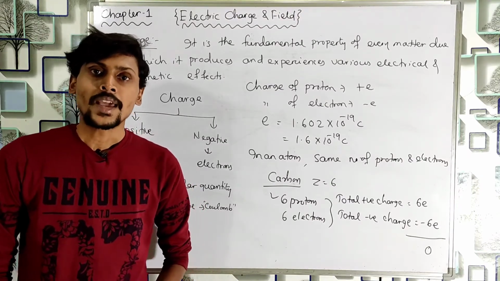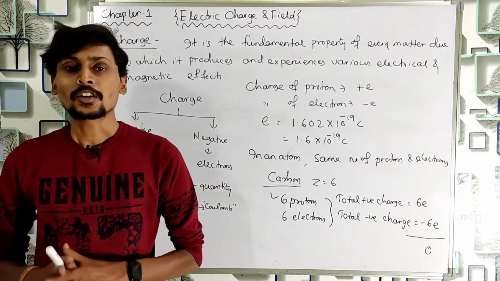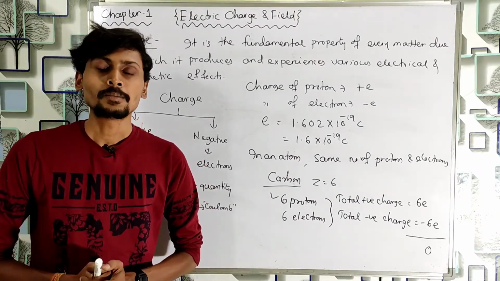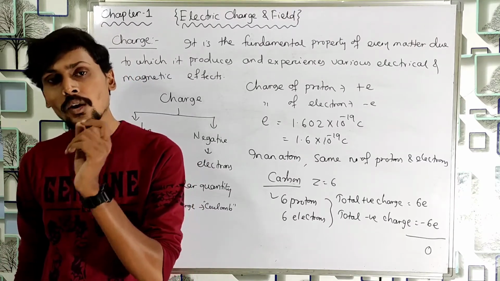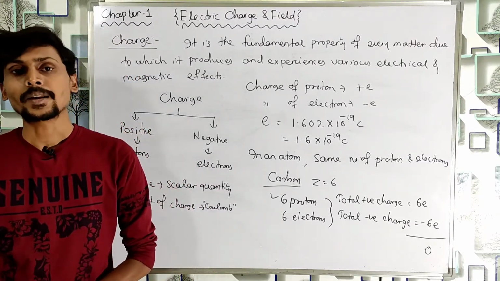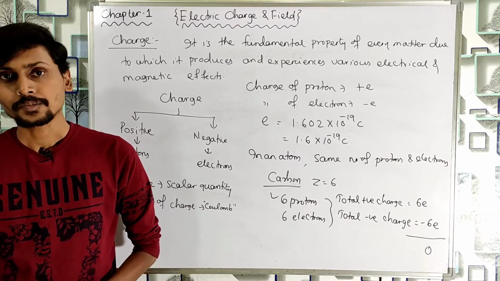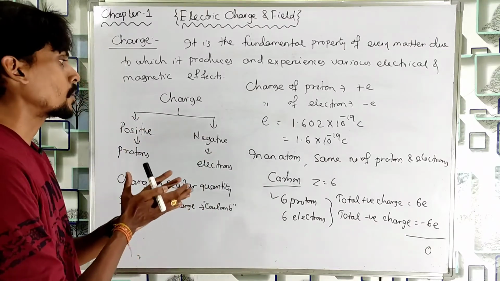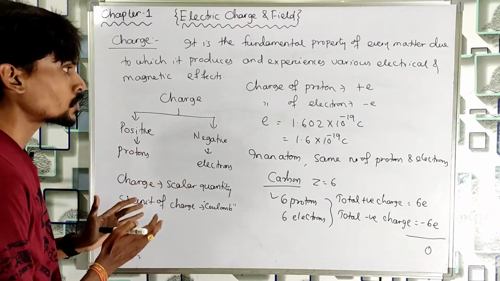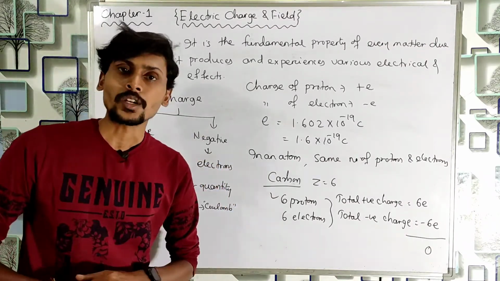So although all matter around us consists of charged particles, it is neutral because it carries equal amounts of positive and negative charges. Is that clear? So this is all about the meaning of charge, the types of charge and the unit of charge.